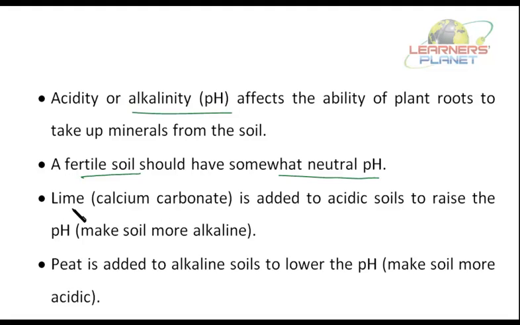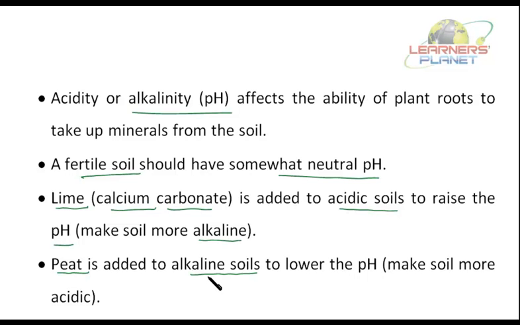And that defines the fertility of soil. The neutral pH defines the fertility of soil. So the adjustments we can do to make the soil fertile is that we can add lime, which is also termed calcium carbonate. We can add this lime or calcium carbonate to acidic soils to raise its pH. Means we can make the soil more alkaline. Then, to make soil more acidic, we can add peat to alkaline soils to lower the pH.